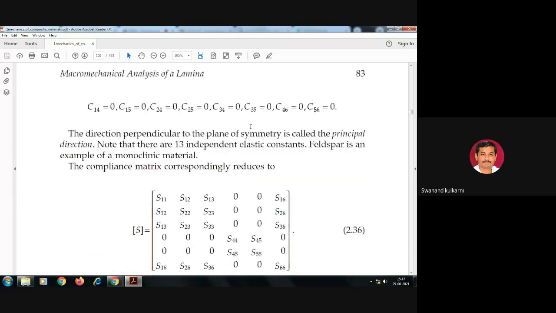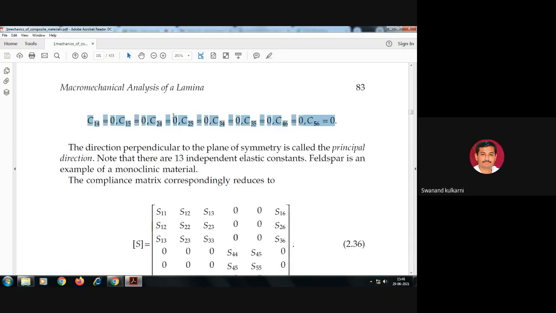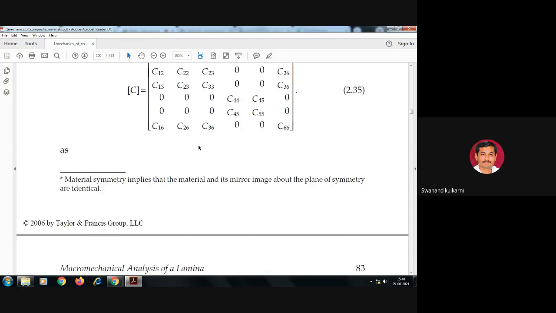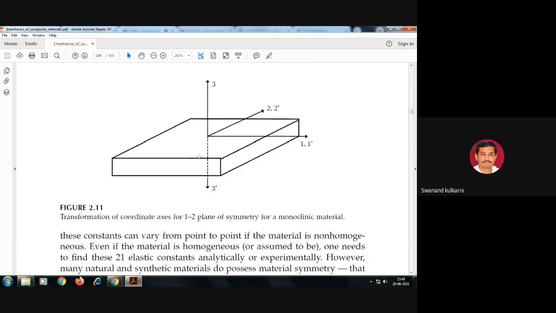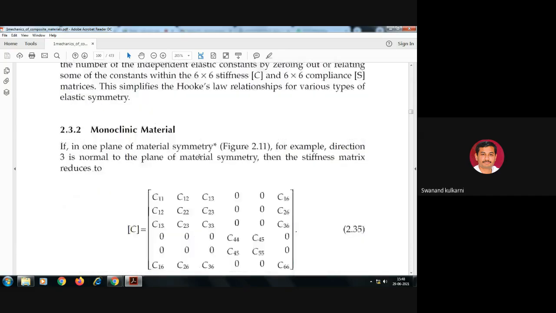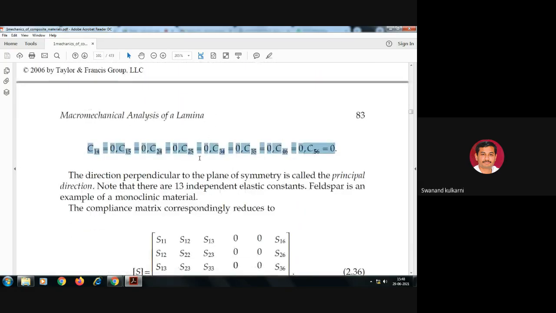So C46, C56, C14, C15, C24, C25, and C34, like this, from C14 to C56, all these C are going to become equal to 0, because we have considered one plane of symmetry here. By considering this one plane of symmetry, we get the corresponding parameters as equal to 0.